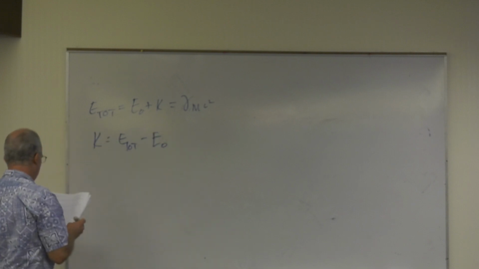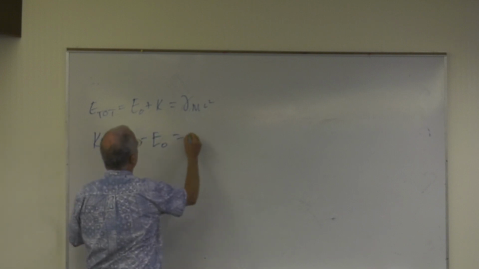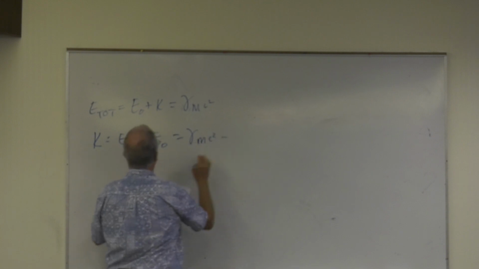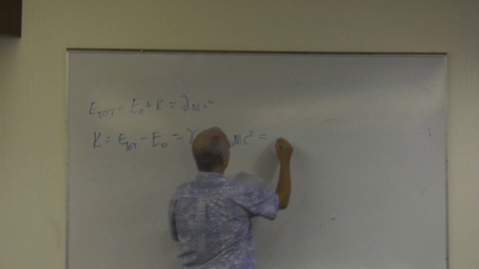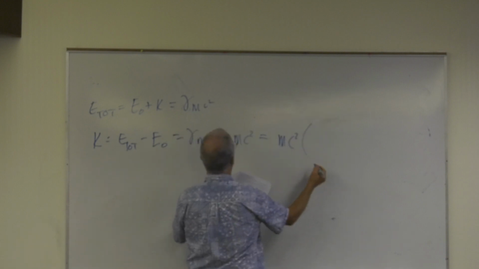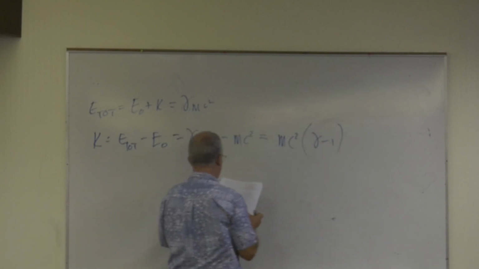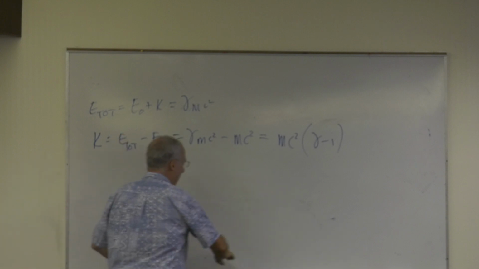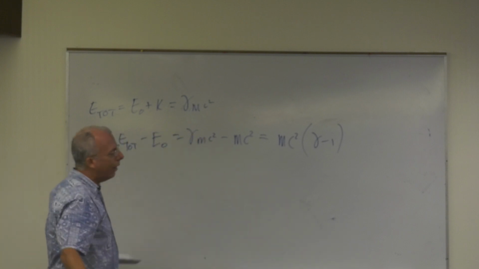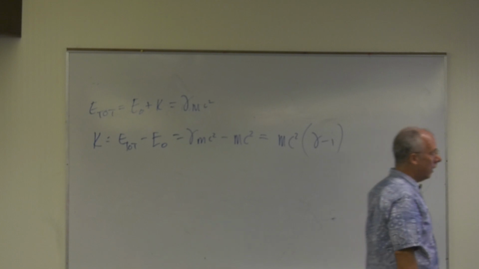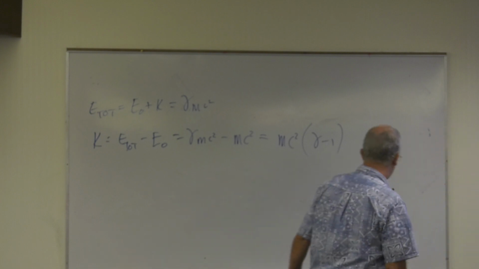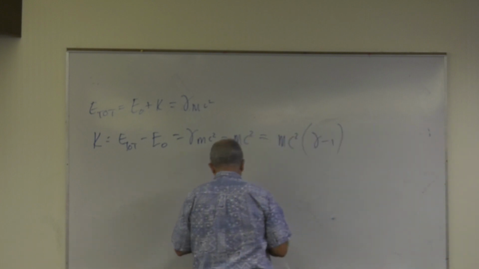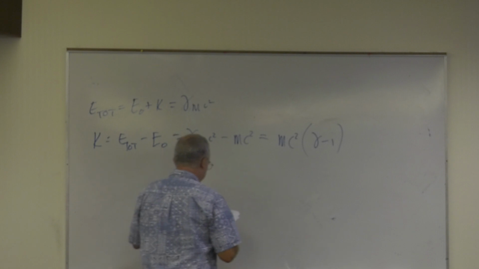And what's E total? Gamma mc squared. What's E0? Just mc squared. Factor out the mc squared: K equals mc squared times (gamma minus 1). So that's a kind of weird equation, sorry, that's what it is. So this is the relativistic equation for kinetic energy. And as usual, it has a gamma in it. I mean, surprise, surprise.